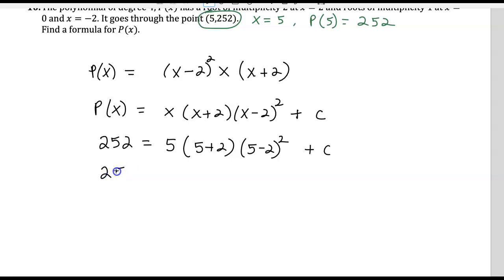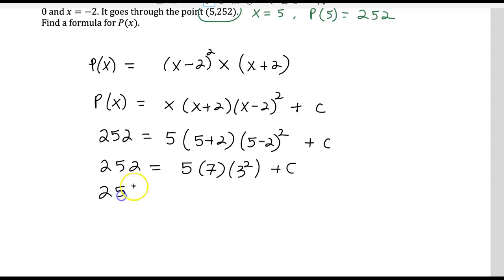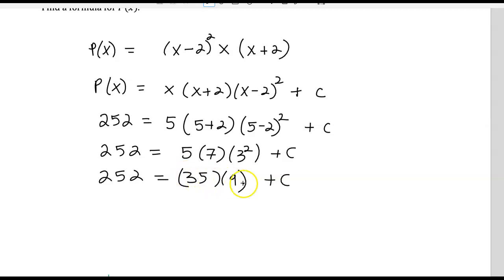So we get 252 is equal to 5 times 7 times 3 squared plus c. So we get 252 is equal to 35 times 9, right? So what is that? That's going to be 270 plus 45 is 315, plus c.